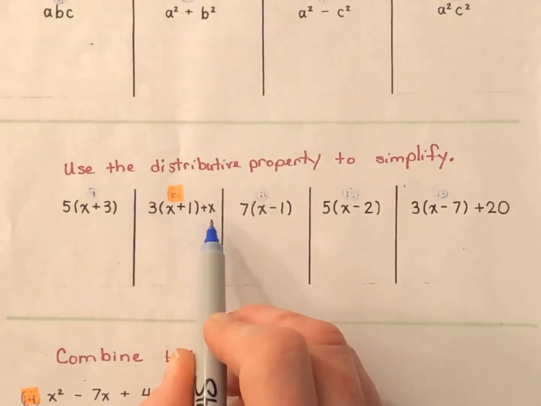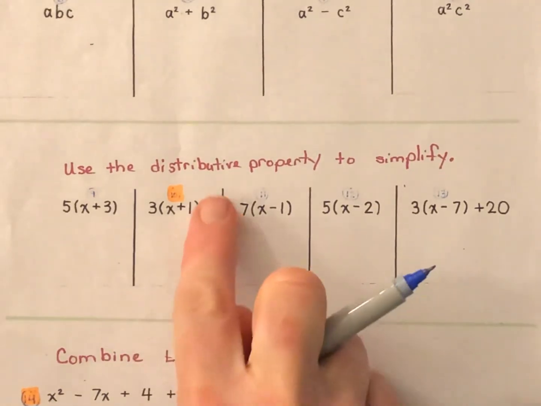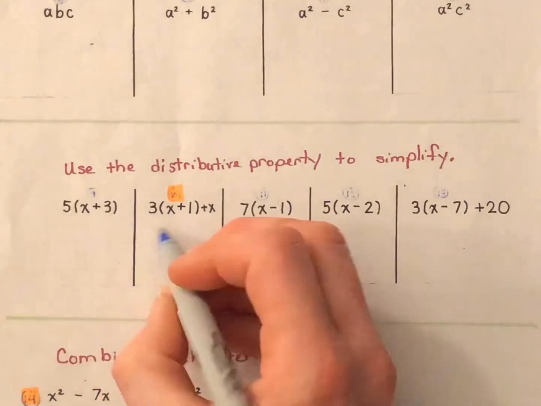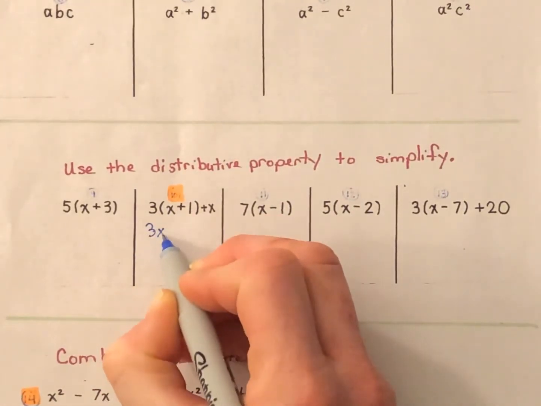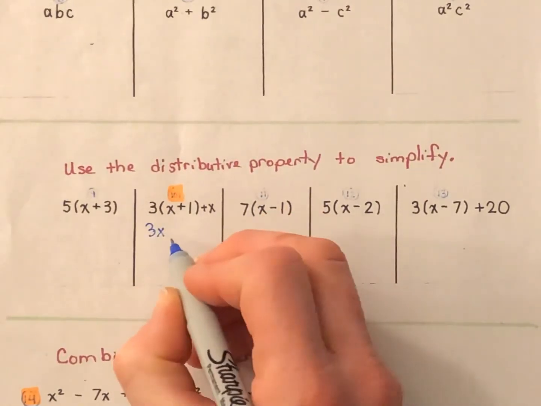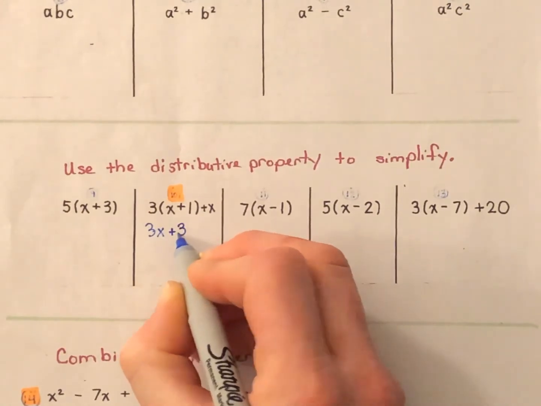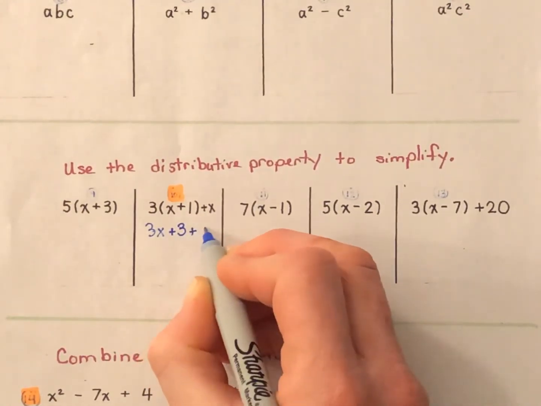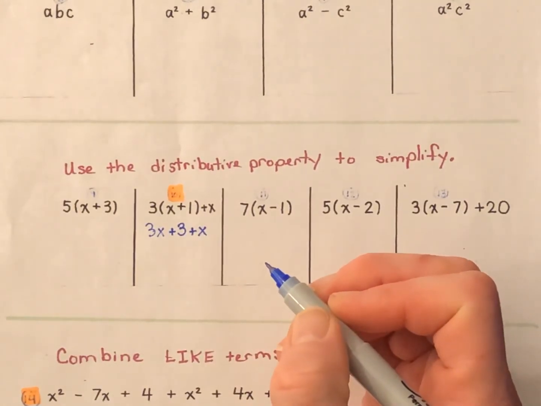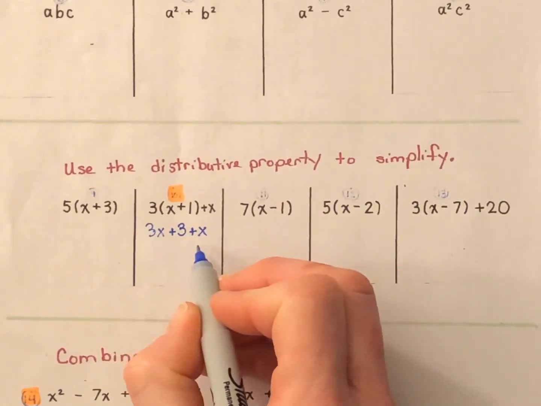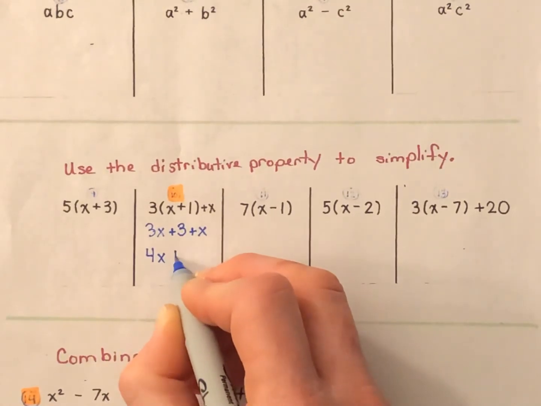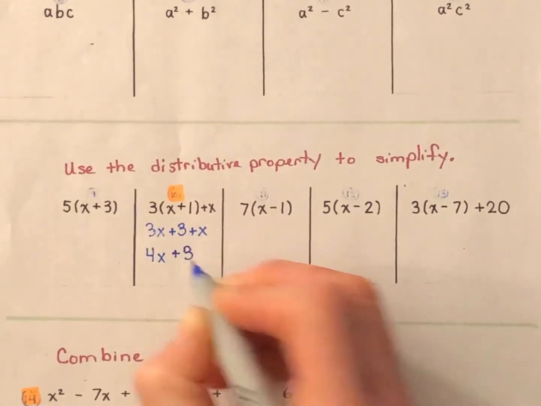This is not inside the parentheses, so that final x does not get to be distributed. So 3 times x is 3x. 3 times 1 is 3 plus x. So we'll combine the like terms. We'll do the variable term first. 3x plus x is 4x plus 3, constant last.